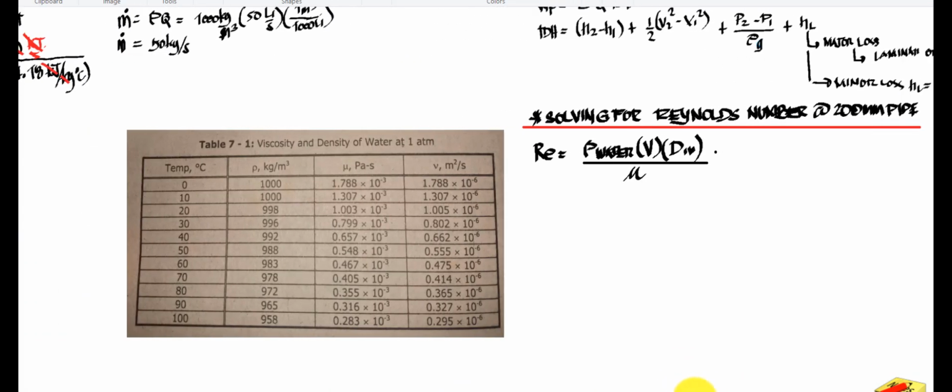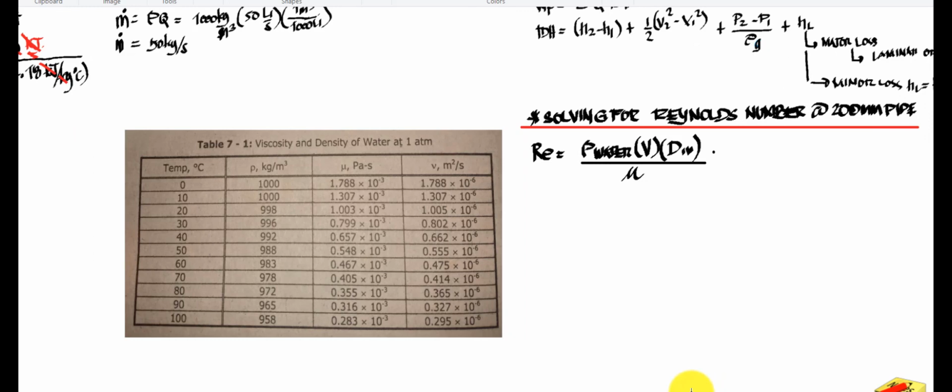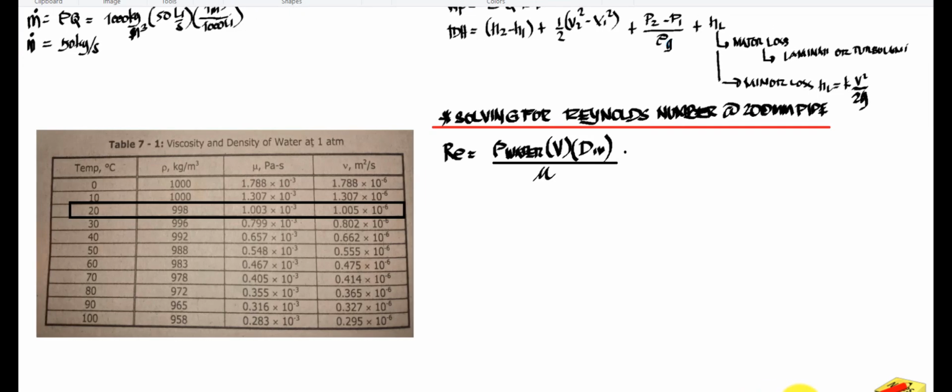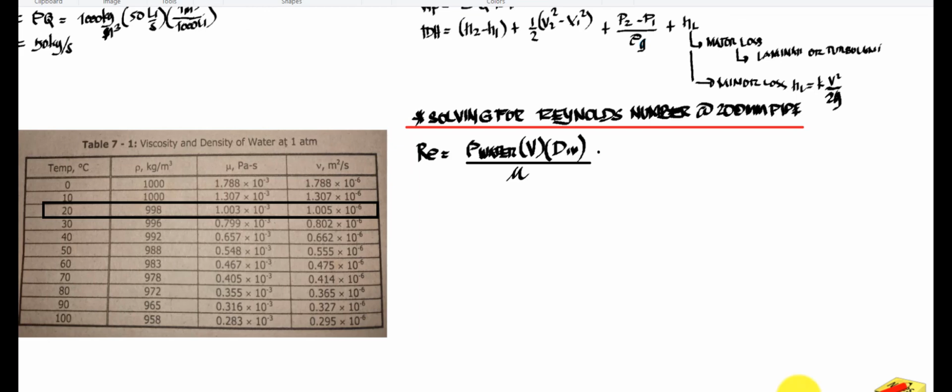Referring to this table, we have the given temperature, which is 20 degrees. I'm going to highlight this 20 degrees. The density of the water at 20 degrees is 998.